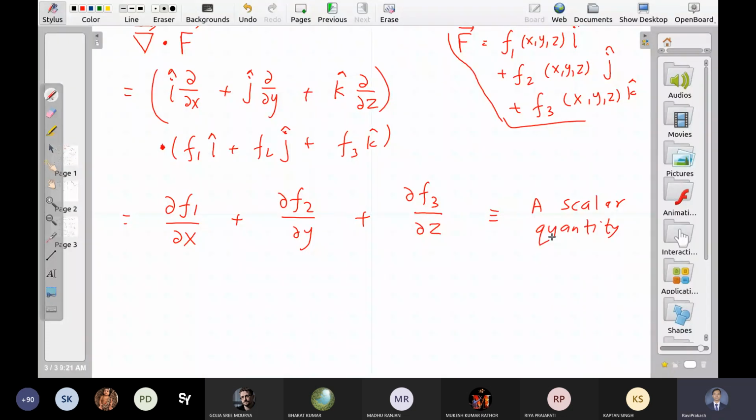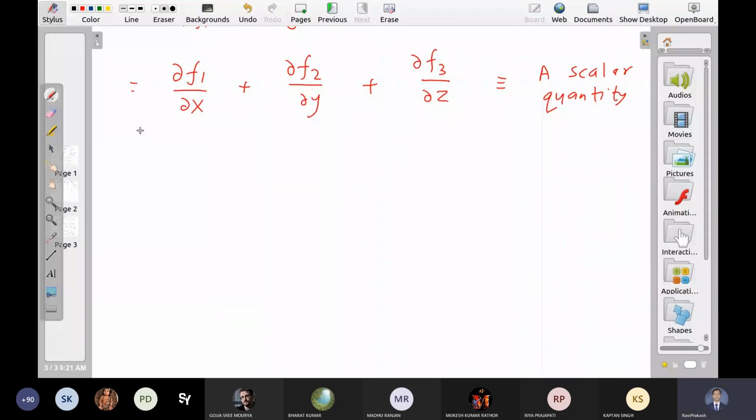Now the third part. What is the other type of product between two vectors? Cross.